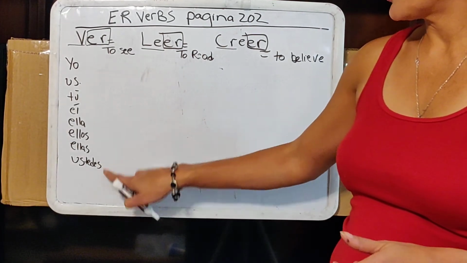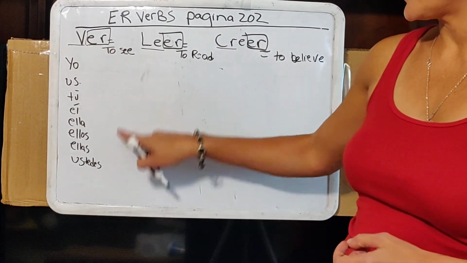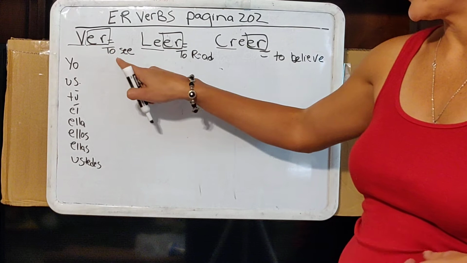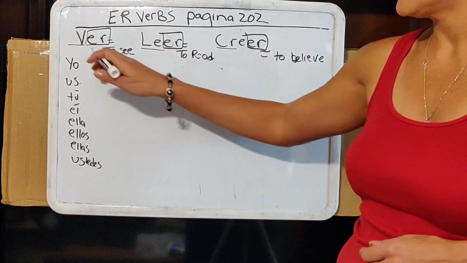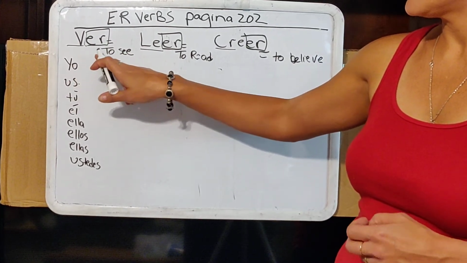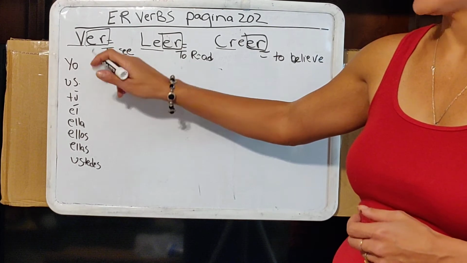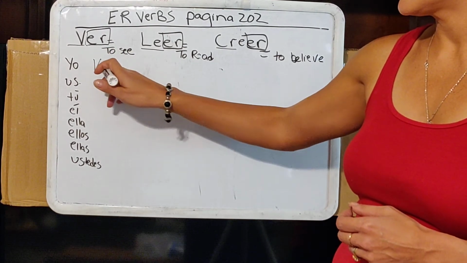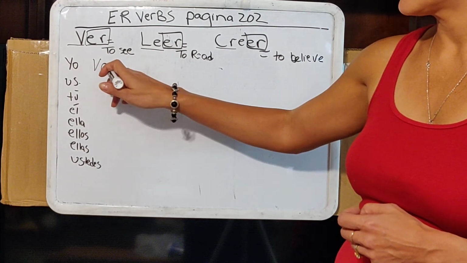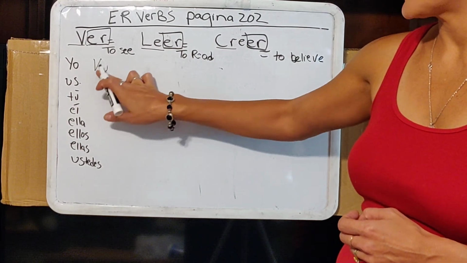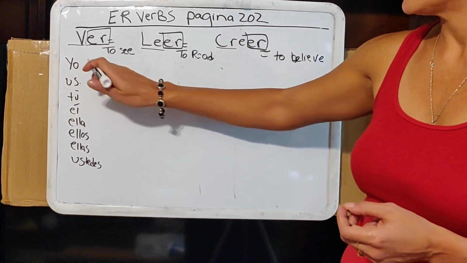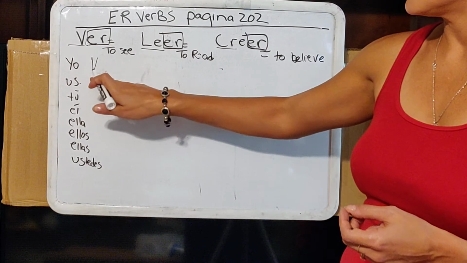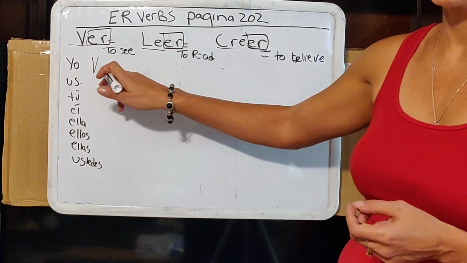Here are your 9 pronouns, and we're going to go through each of them with the conjugation after we change the ER ending. So for the first one, yo, the ending for yo is always going to be the same. It's voy. Or sorry, excuse me, I'm thinking of ir. I just made that mistake. So it's going to be yo. The V stays there, and then it's going to be your normal E ending.